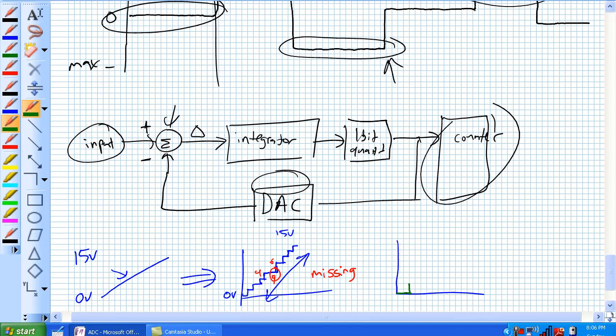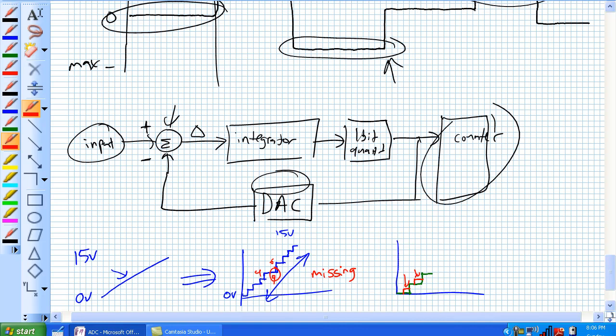Then you go up to 2, and you should be going to 3, but you're staying at 2. And now you're up to 4, and you should be going to 5, but you're staying at 4. Normally, let's just draw what you would expect. You'd expect those intermediate steps.